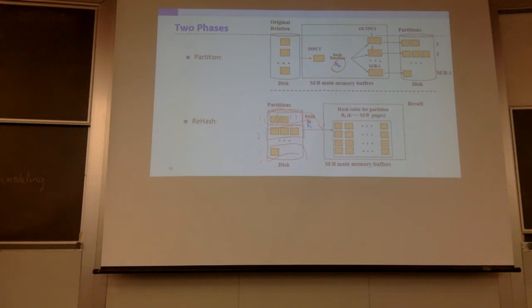And if your partition 1 has a smaller number of pages than the size of the memory buffer, so suppose the number of pages of partition 1 is smaller than or equal to M over B, then you can just put everything into memory and build a hash table that computes the aggregates.